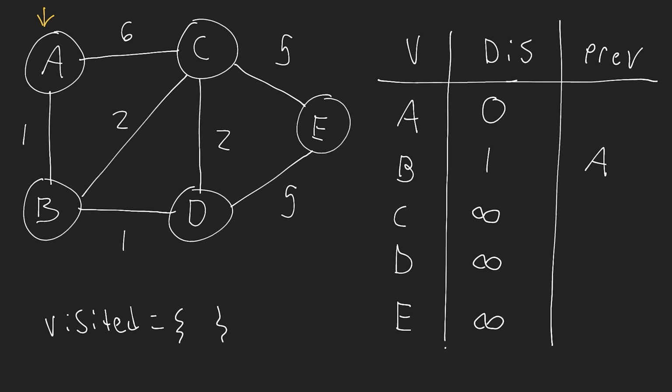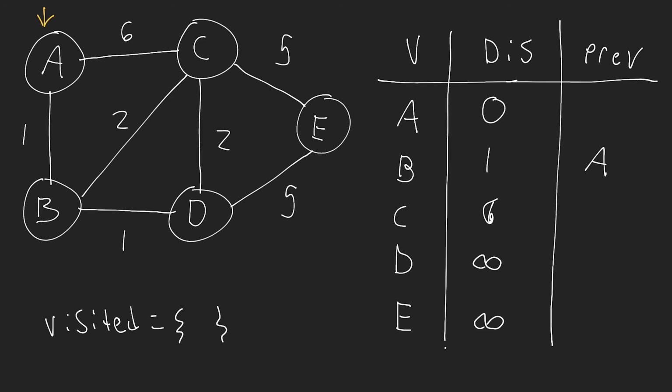All right, next, we go to C. Now, by the way, we're only going to look at these adjacent neighbors if they're not in this visited set. In this case, they're not, hence why we're looking at them. All right, so from A, we can see that we reach C with a distance of 6. Same thing, we look at the distance in the table, we see this distance is greater than 6, which means we found a smaller distance.